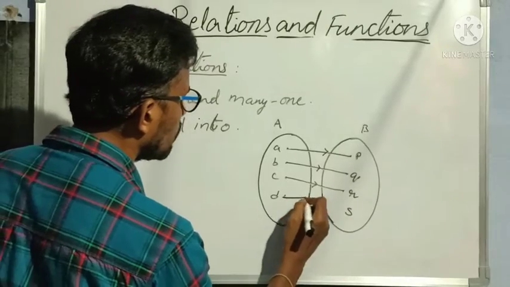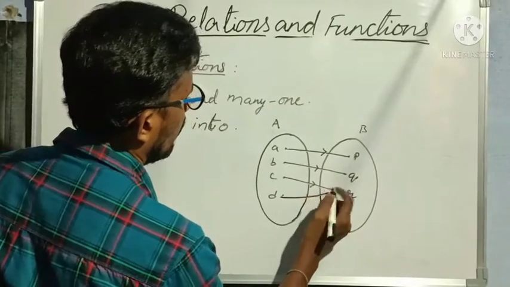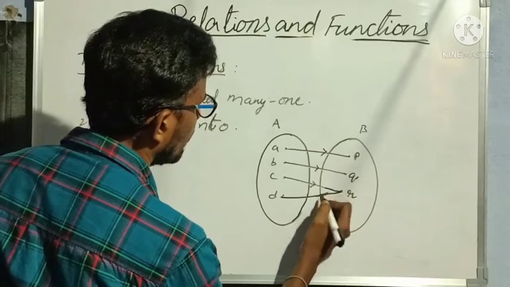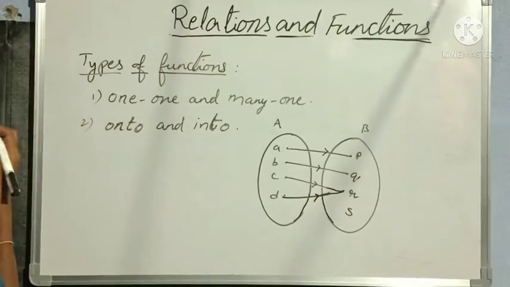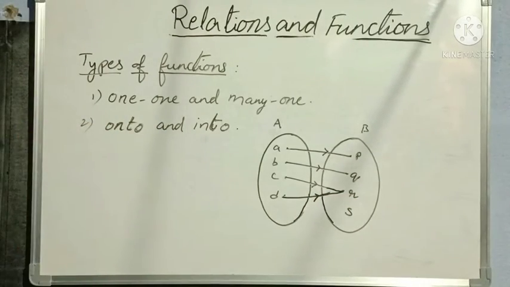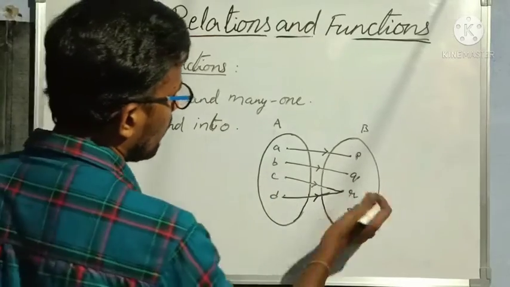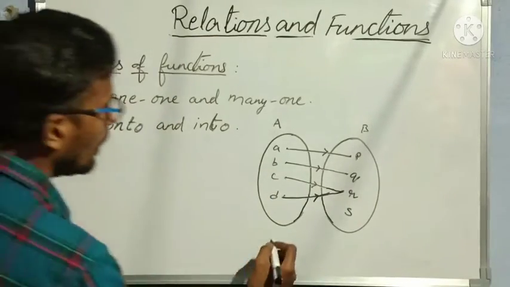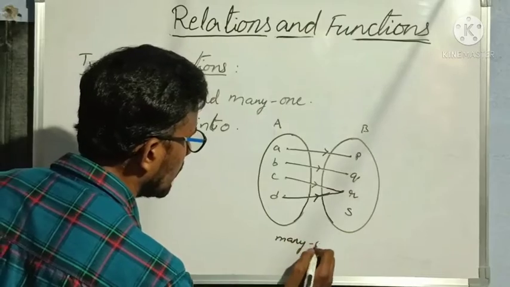Our next function is the many-to-one function. Simple: if more than one element of A has the same image in B, then such a function is called a many-to-one function.